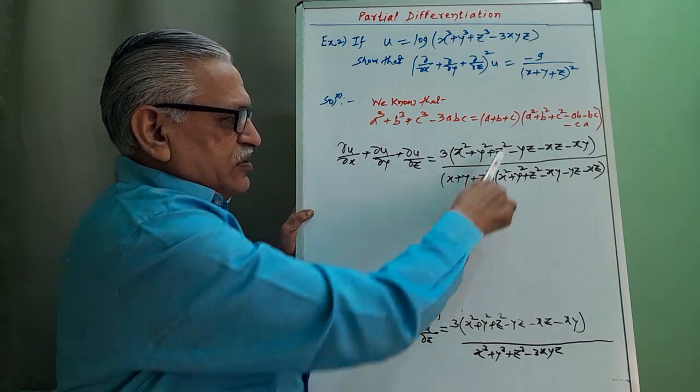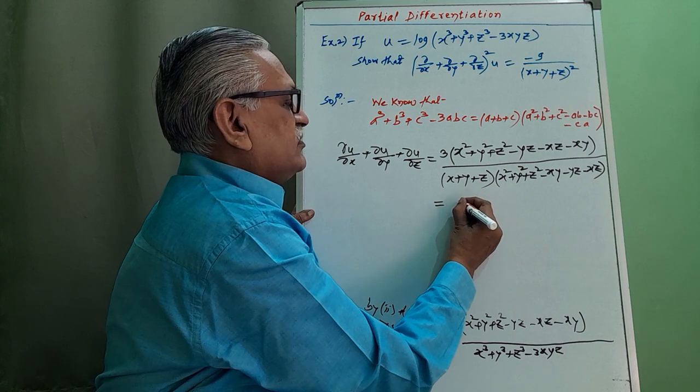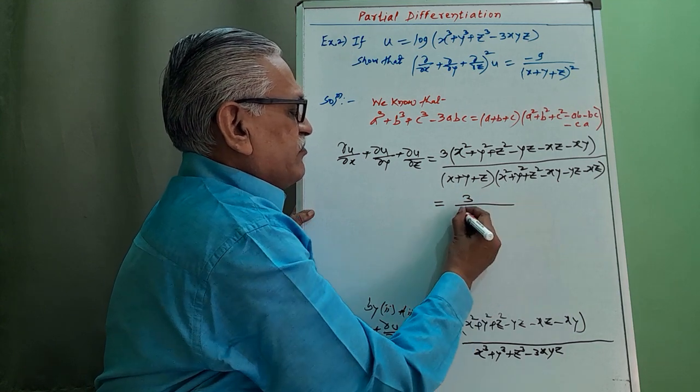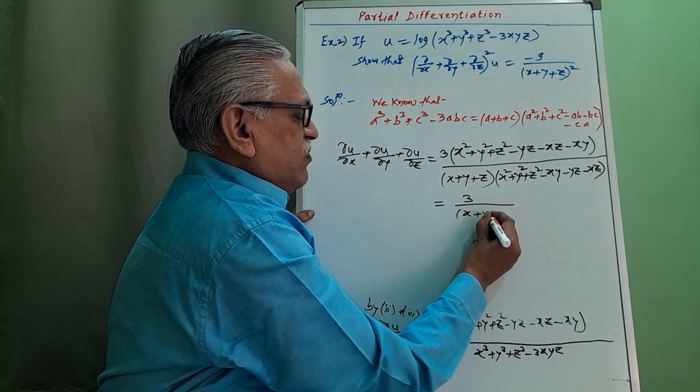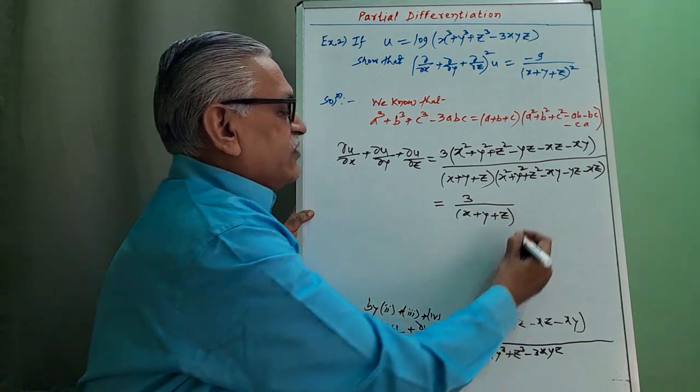This term gets cancelled with the numerator term and we get the value 3 divided by x plus y plus z, as equation number 5.